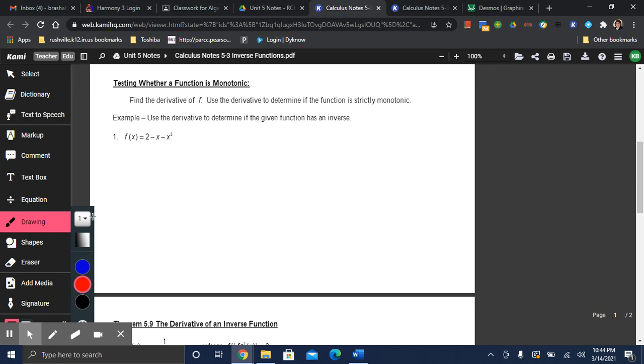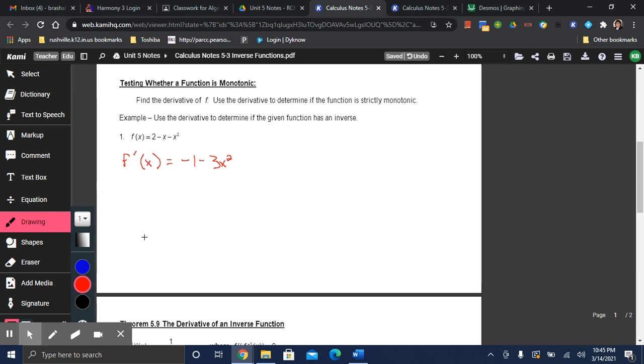So in this first problem, we're going to find the derivative, and I chose something pretty simple to do the derivative of. So f prime of x would equal -1 minus 3x to the second power. And then we'll set that equal to 0, which will give us the critical numbers.